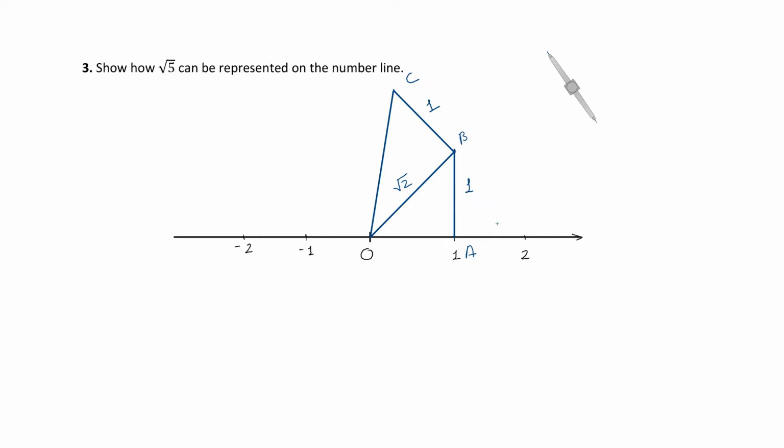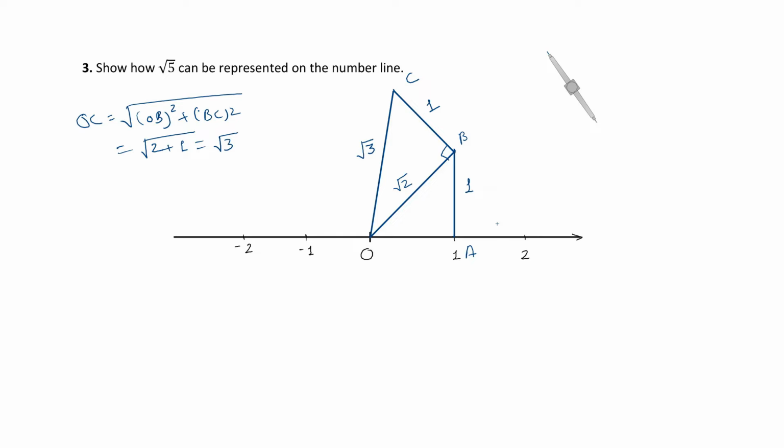OC equals the square root of OB square plus BC square. The length of OB is square root 2, so its square is 2. BC is of unit length, so 1. So OC is equal to the square root of 3. The length of this OC is square root of 3.